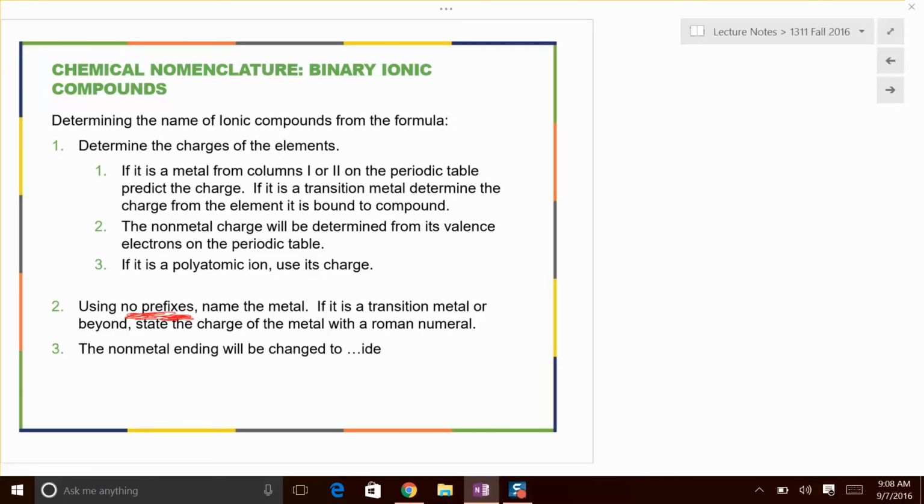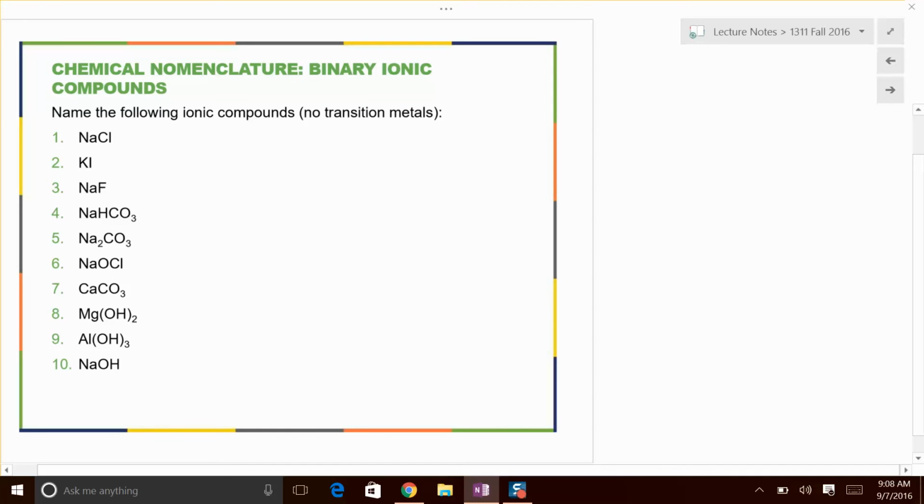Okay? So, let's practice. The metal of the first one is called what? Sodium. The non-metal is chlorine, so I drop the ending and I end it with "-ide".